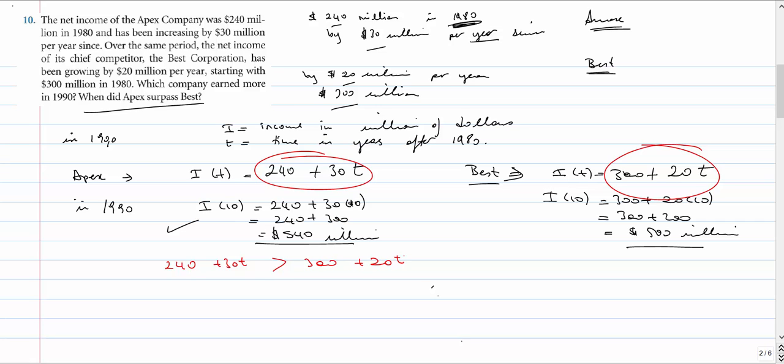So I subtract 20t. This is gone. So I end up here: 240 plus 10t greater than 300. Then I subtract 240. Then I end up here: 10t greater than 60. Then divide both sides by 10.